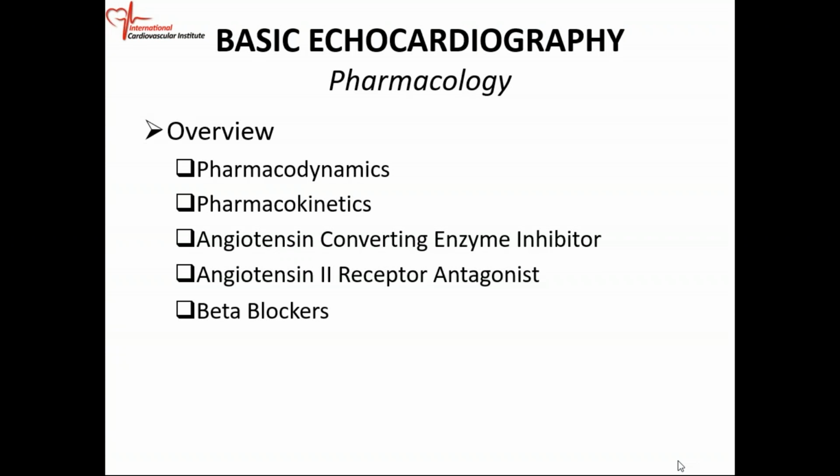Some patients will be on valsartan. So those are examples of ARBs, angiotensin receptor antagonists. Beta blockers. You have seen a lot of patients who come in on beta blockers, the metoprolol, the carvedilol. So those are beta blockers.